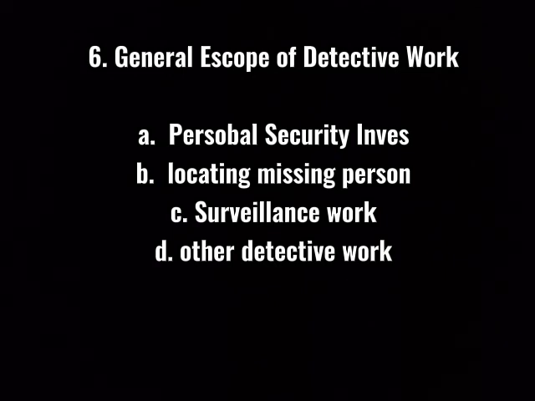Letter B, locating missing person. Letter C, surveillance work. And letter D, other detective work as may become the subject matter of the contract between the agency and its client provided it is not contrary to law, public order, public policy, moral, and good custom.